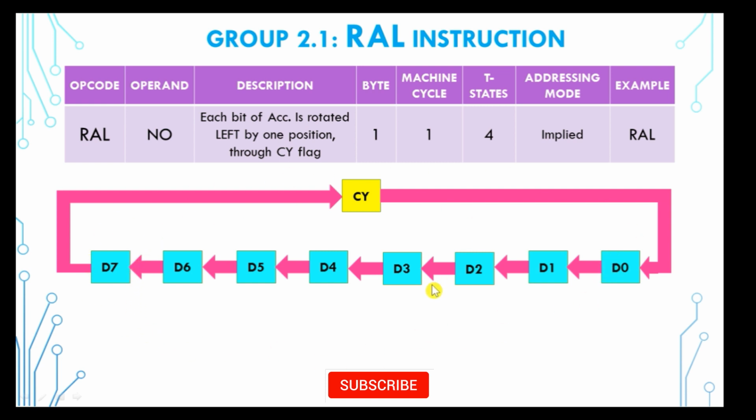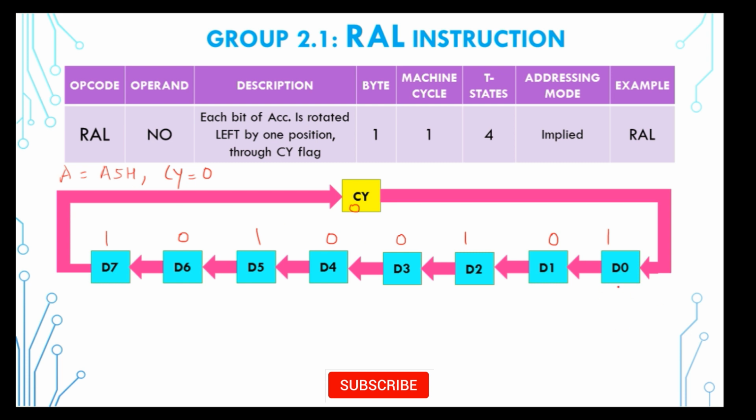So let's take an example. I am assuming that accumulator has 8-bit number A5 hex and the initial carry flag value is 0. So first writing its binary equivalent, it is 1 0 1 0 0 1 0 1. This is A5, carry flag value is 0. Now performing the RAL instruction.